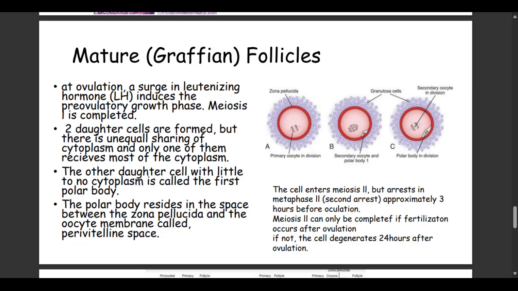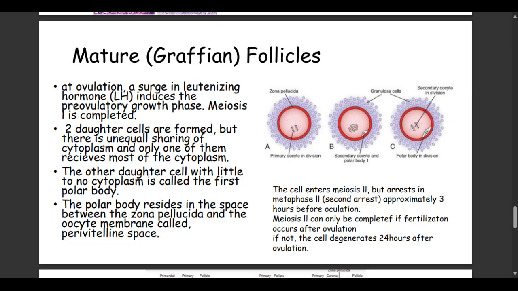I don't know why these cells have to undergo many arrests, but the main idea is to regulate the growth, and those growth phases are regulated through two arrests.